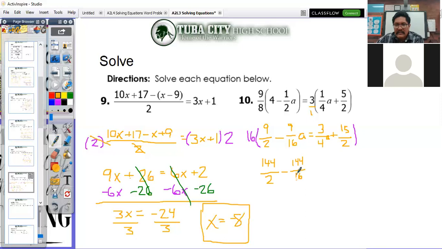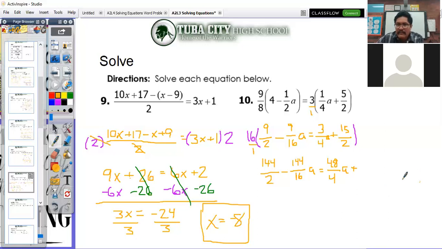Bottom number hasn't changed, because remember, this is over 1. A equals, 16 times 3 is 48, so 48 over 4, A plus, and then 16 times 15. I know 15 times 15 is 225, but 16, so I guess I'd have to add another 15, so 225 plus 15, so 240.